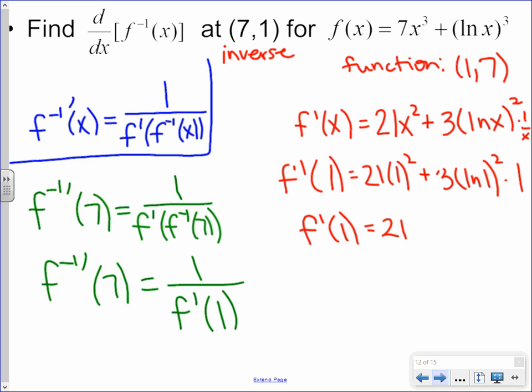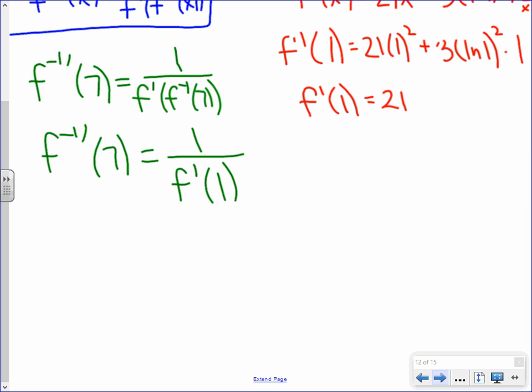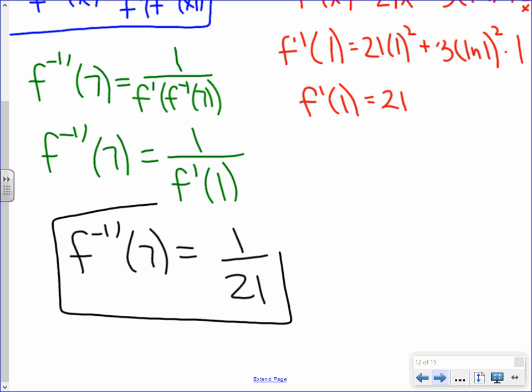Natural log of 1 is 0. Probably know that. So f prime of 1 is 21. So f inverse prime of 7 is 1 over 21.